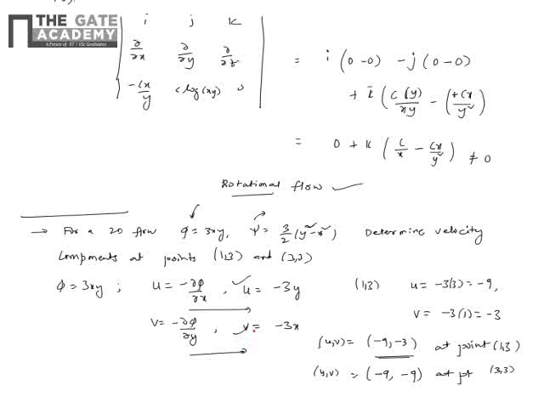And once you get u and v, you can express them in terms of the stream function definition. u is dou psi by dou y, v is minus dou psi by dou x, and from there you will get two expressions for c. So you can just find out the constant. We have done one problem related to that. So these are the kinds of problems that come from fluid kinematics in GATE. So better luck.